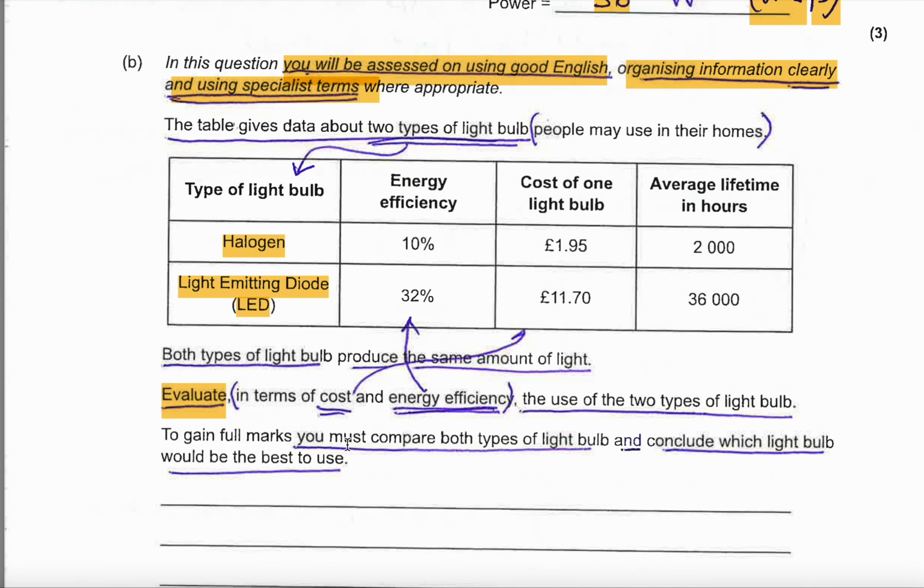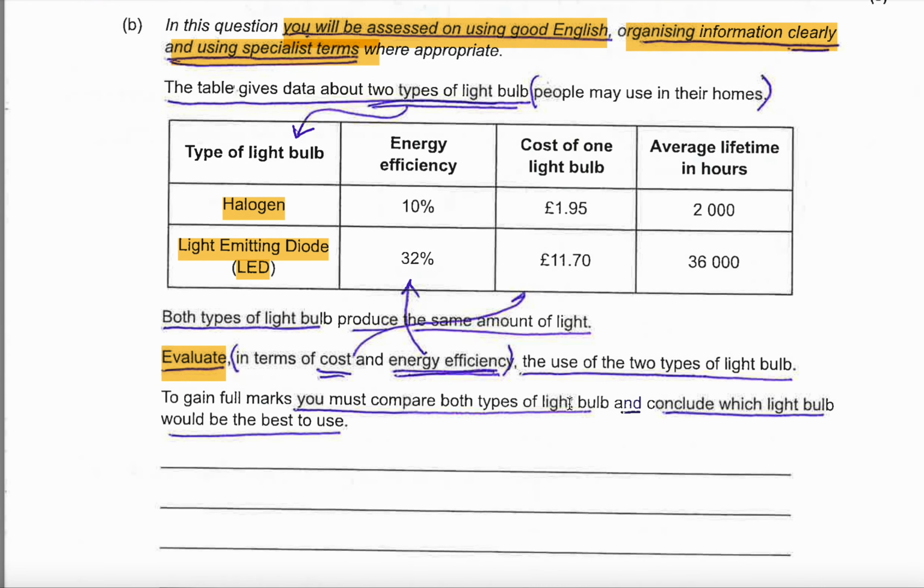So to gain full marks, you must compare both types of light bulb and conclude. That's your job, to evaluate it to gain full marks, and make a conclusion as to which light bulb would be advisable or best to use, given all the information above.